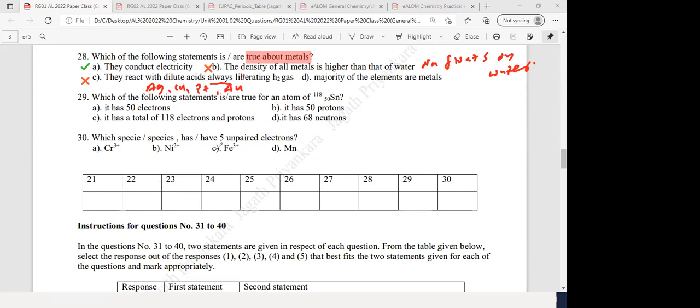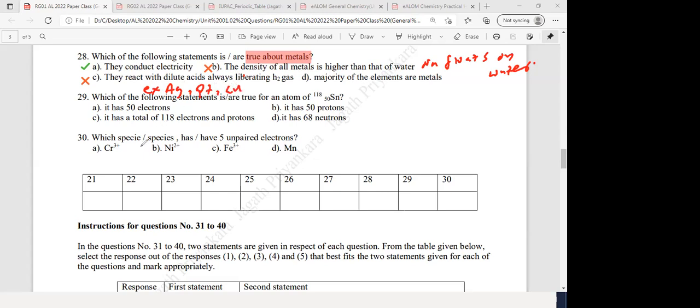They don't react with dilute acid. Metals do not always react; it's only some metals. Because of the word always, it is wrong.